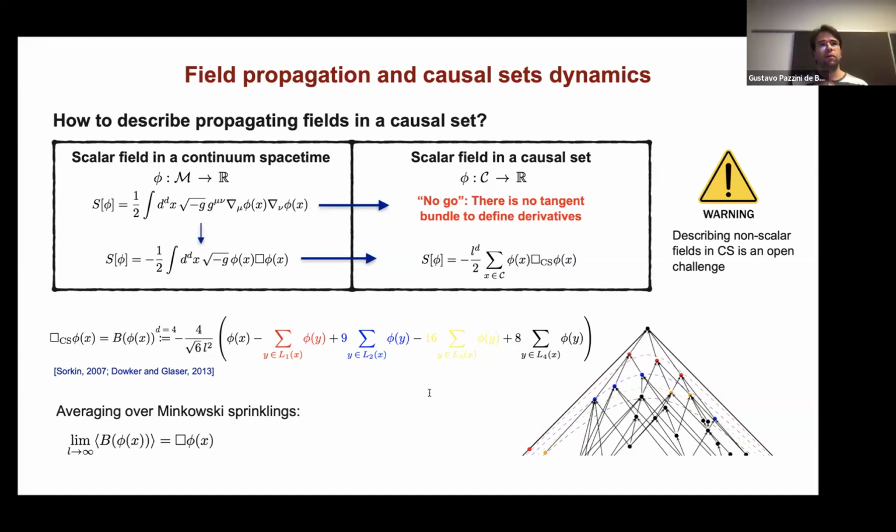Right. Well, with Gabriel's question, I already advanced over the next point that I was supposed to say: the way you see that this corresponds to the D'Alembertian operator is by averaging over sprinklings. In particular, if you average over Minkowski sprinklings and take the continuum limit, then you recover the D'Alembertian operator in the continuum limit.